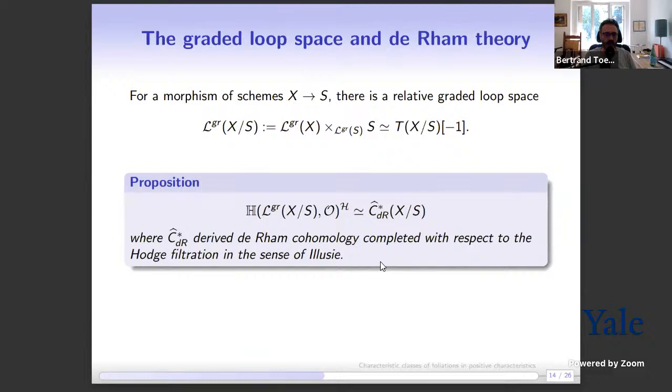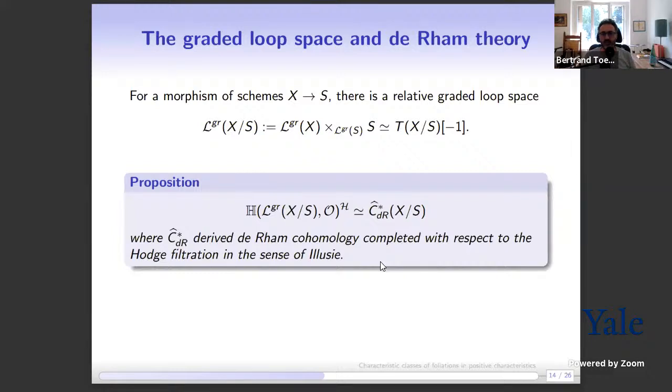And that's a consequence of what I've just said. If you take the cohomology of the graded loop space with coefficients in the structure sheaf, and you take invariants by H, where invariants here means homotopy invariants by H, you get a complex which is naturally quasi-isomorphic to the derived Durham cohomology. And there is a little hat, in the sense that there is some completion with respect to the Hodge filtration.